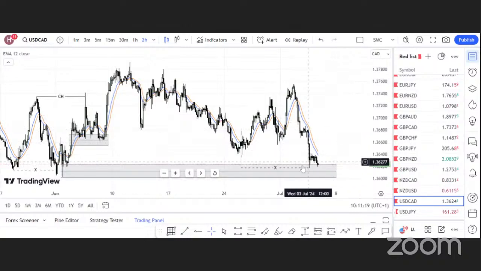So the market is going to take out this liquidity. Maybe after taking it, the market can actually reverse. Sorry, I should be using downtrend instead of uptrend.